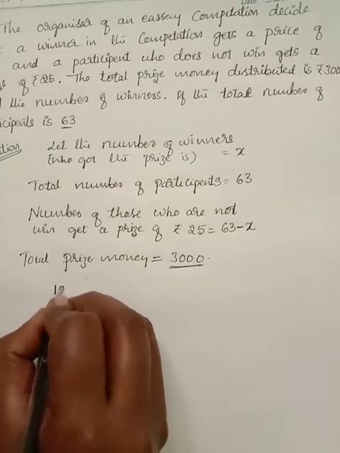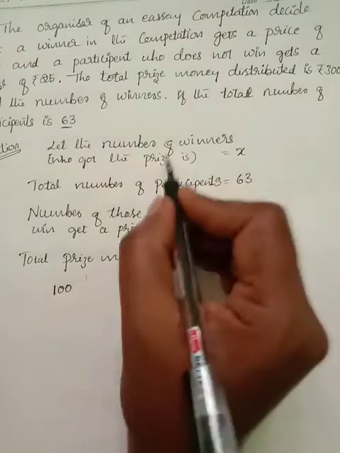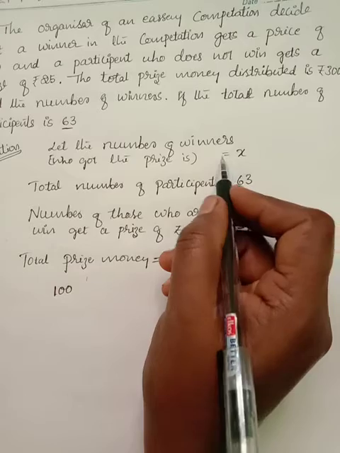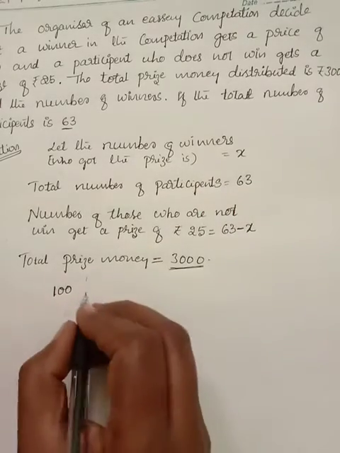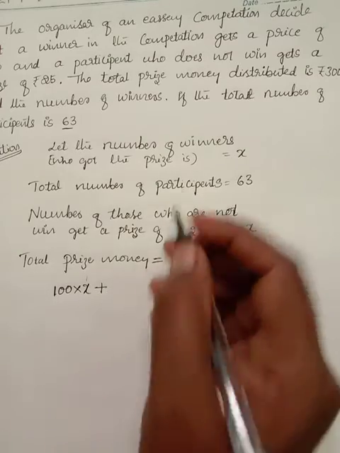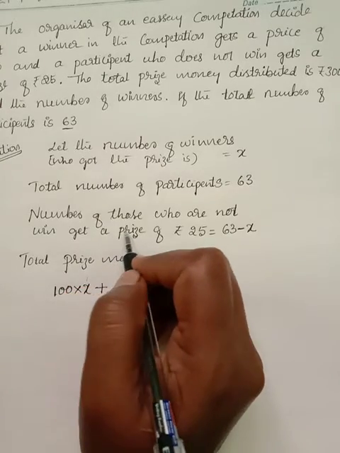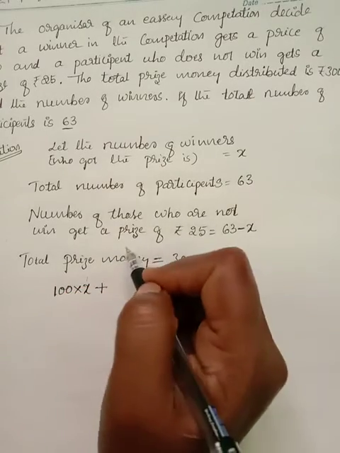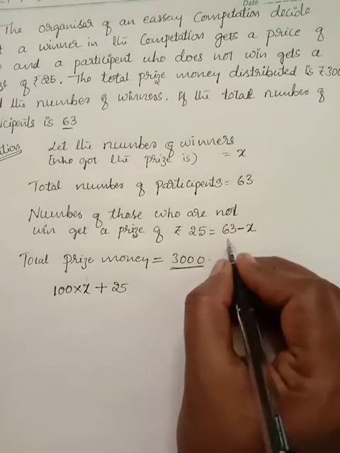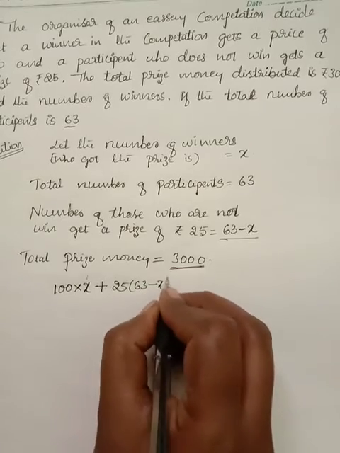The number of winners who got the prize of 100 rupees is x into 100, plus rupees 25 for the number of students who did not win but got a prize of rupees 25, how many are there? 63 minus x.